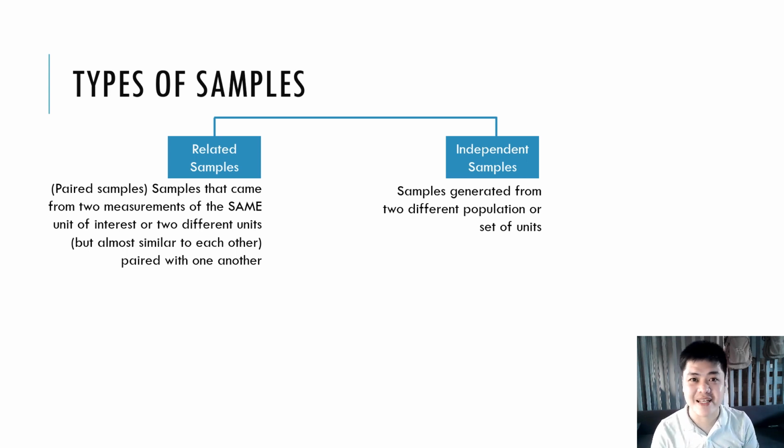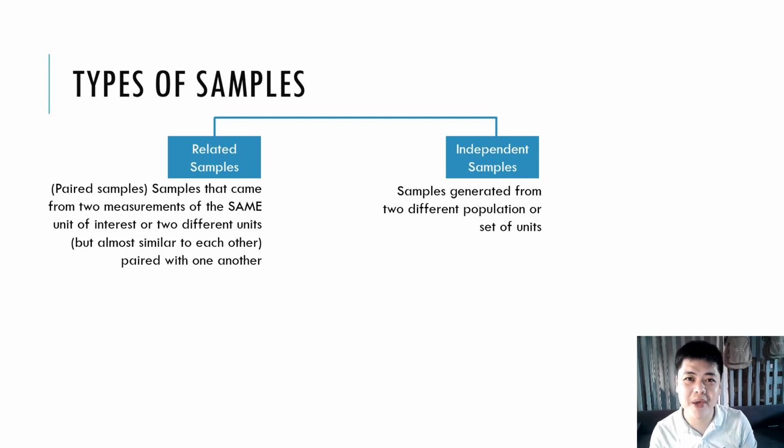So we use related samples, or you use husband and wife, or say for example, you use one set of students and then you compare their pre-test and post-test. So you're still comparing two things, pre-test and post-test, but it came from one group of people only. So that's related samples. On the other hand, independent samples are generated from two different populations.